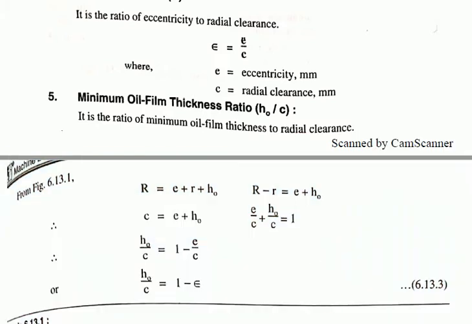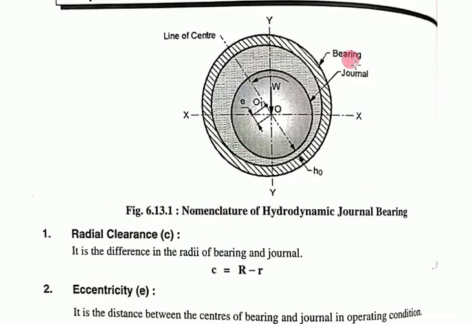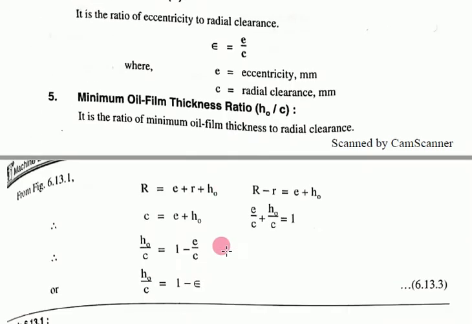So we can say here capital R, that is the bearing radius, is equal to small r plus h0 plus e.